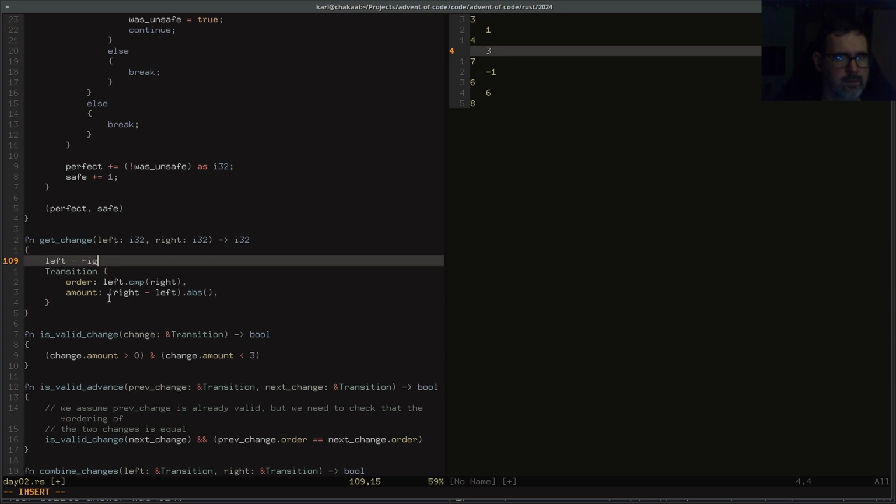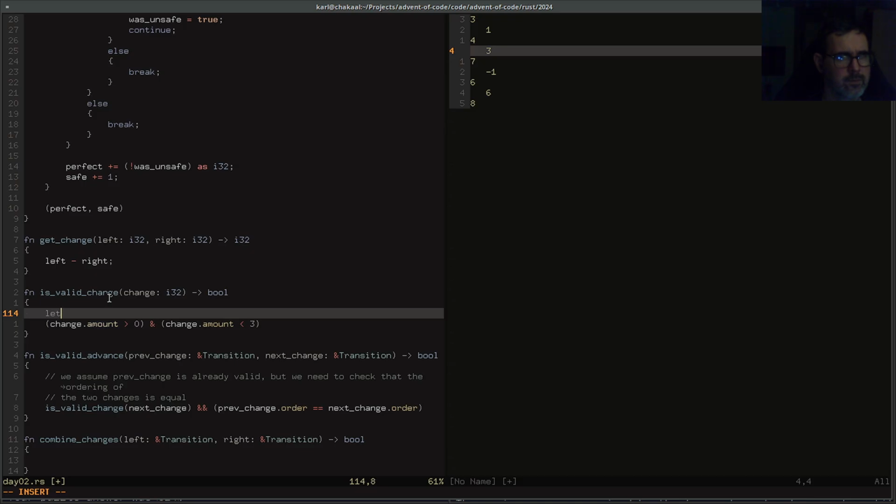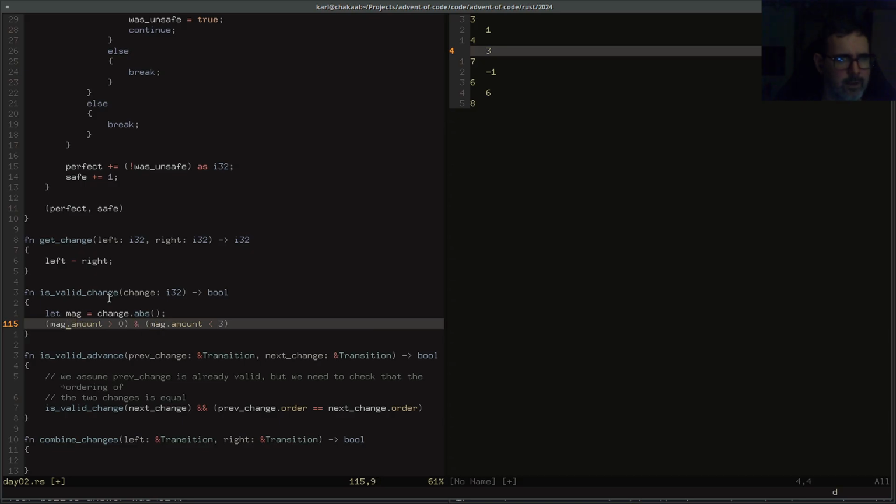So that's just gonna be, I guess this is not a struct anymore, so and let's not do bitwise operation.